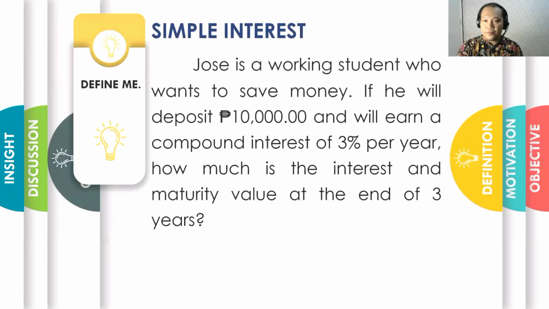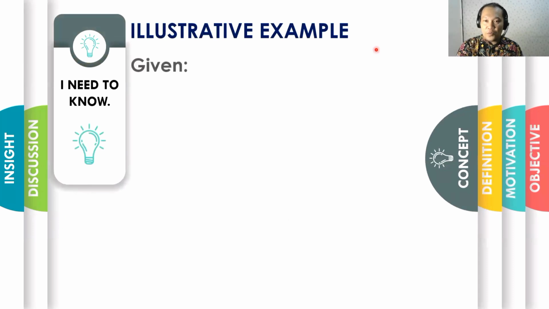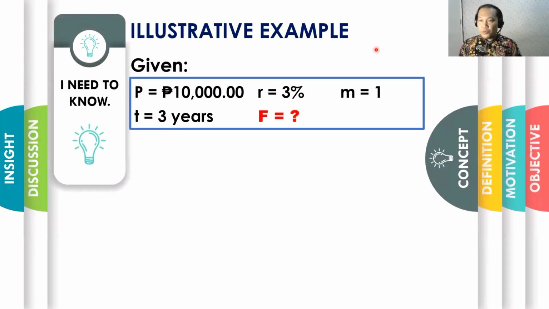First, we are going to find the compound interest earned after 3 years and the maturity value after 3 years. And to start with, first, I will be looking for the maturity value instead of the compound interest.